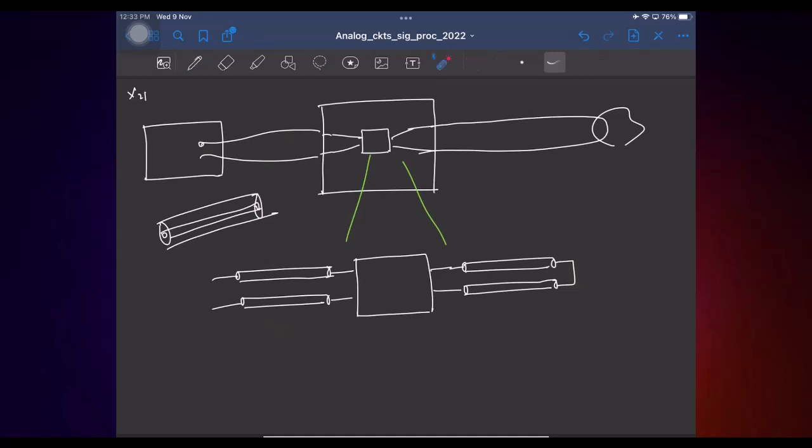You want to characterize these Y parameters for all sets of frequencies, but the moment you make this setup, looking in is not a short anymore. Only at DC it is exactly short, at low frequencies okay, and at high frequencies no way, right? So the first problem is that because you have these long cables, a short circuit is not going to behave like a short circuit at this end.